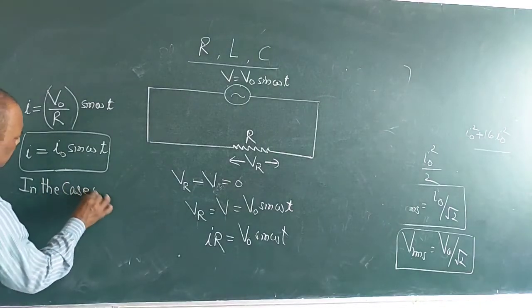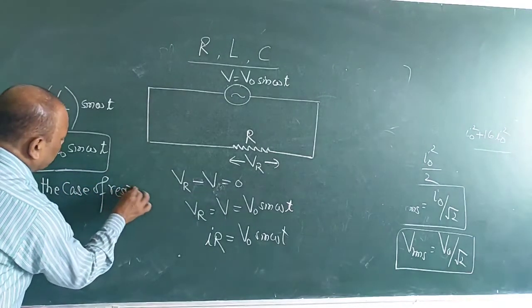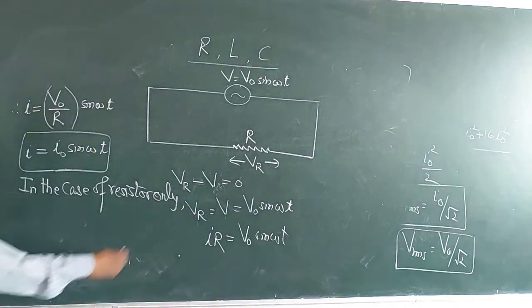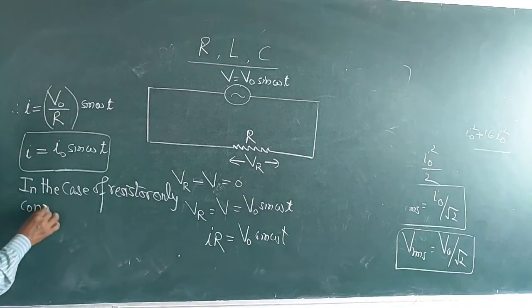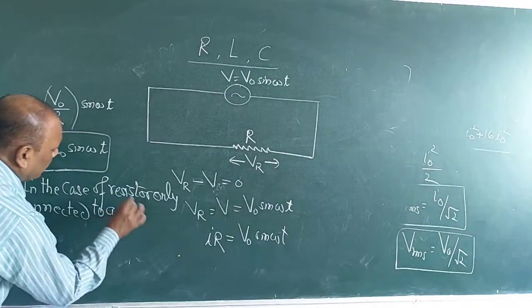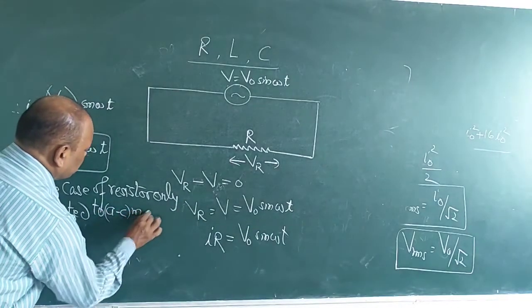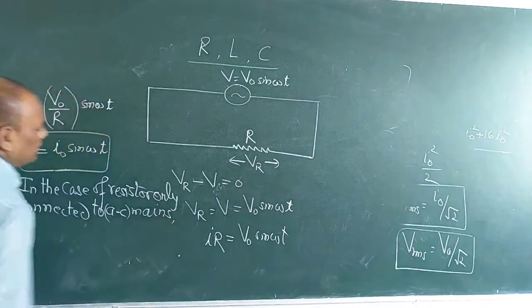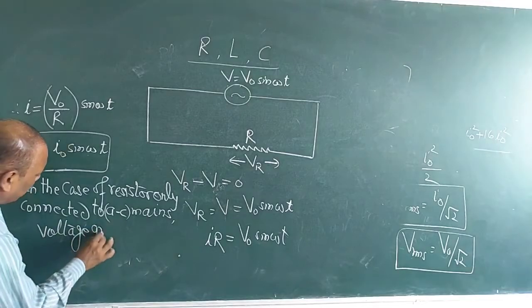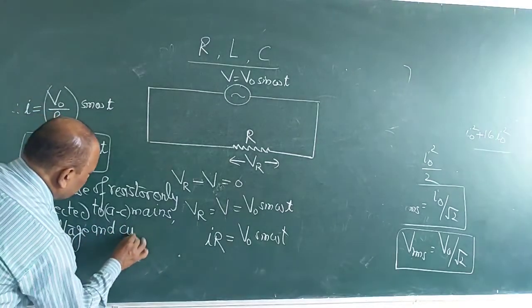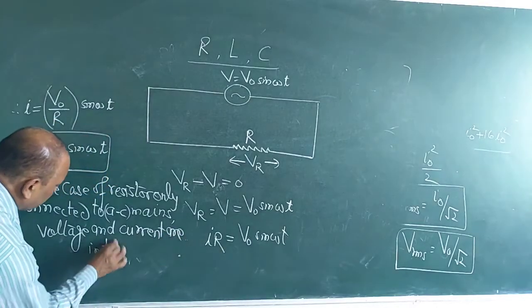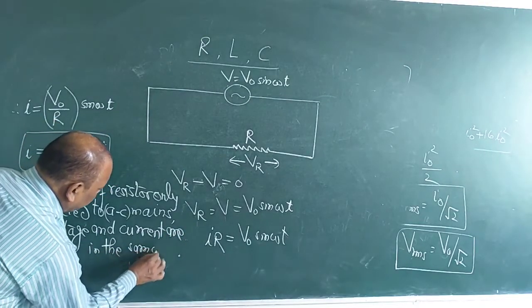So in the case of a resistor only connected to an AC source, voltage and current are in the same phase.